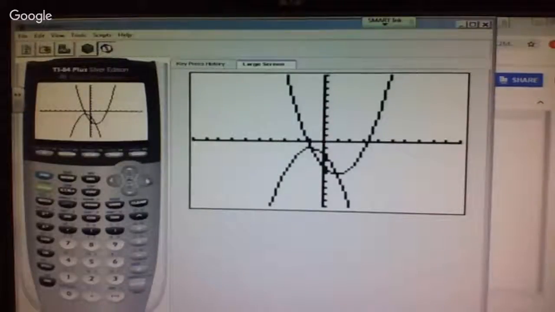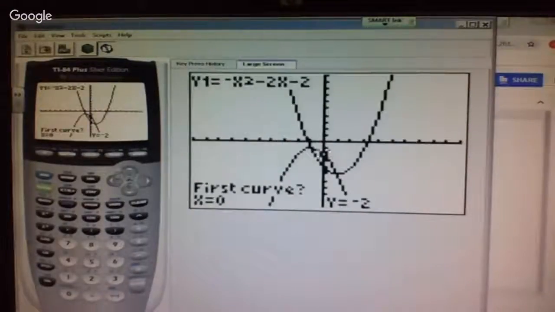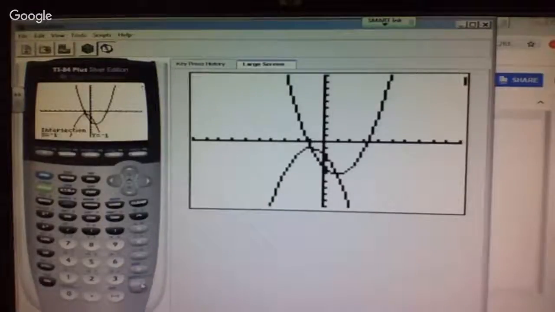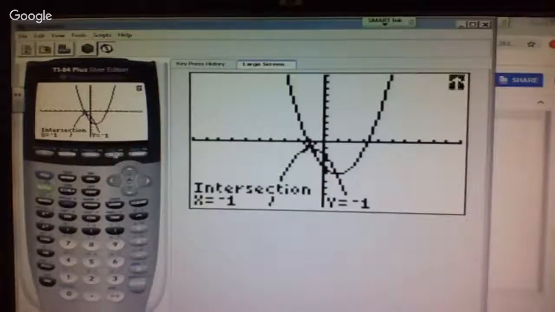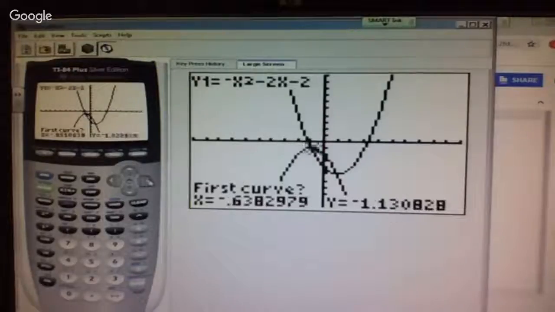Okay, so you should have had 2 solutions here. Second trace, intersection. I want this one first. Enter, enter, enter. So there's -1, -1. Second trace, again, number 5. I'm going to move down to this intersection now.